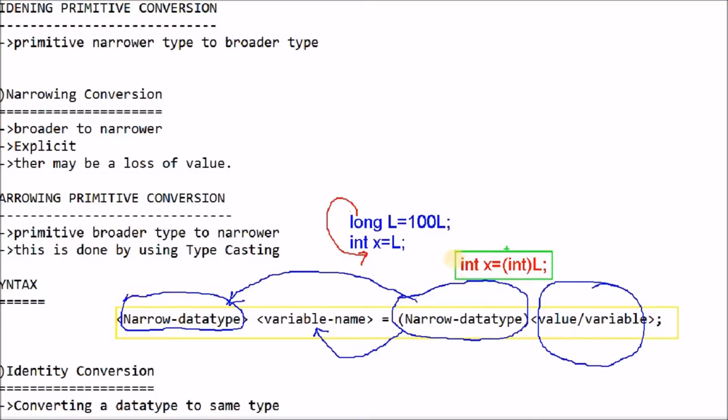Now this is converted to x and stored in integer. Here x is a variable name, int is a narrow type, and L is the variable.